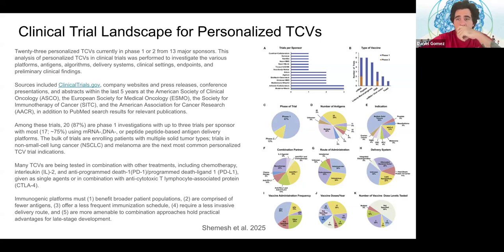So we're able to see the trials per sponsor and type of vaccine, if it's mRNA, peptide, Listeria, bacterial, DNA, viral vector, or yeast.